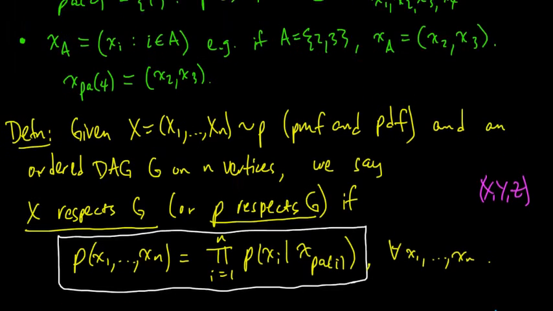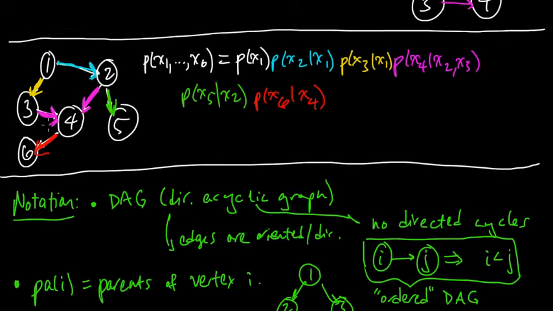What if we started out with some graph, like this one, and wrote down this expression, and defined a distribution on x1, a distribution on x2 for each x1, a distribution on x3 for each x1, and so on, and multiplied these all together? Would that define a proper joint distribution on x1 through x6, proper in the sense that it integrates to 1? Maybe it's not immediately obvious that is the case. It turns out, though, that it is true.